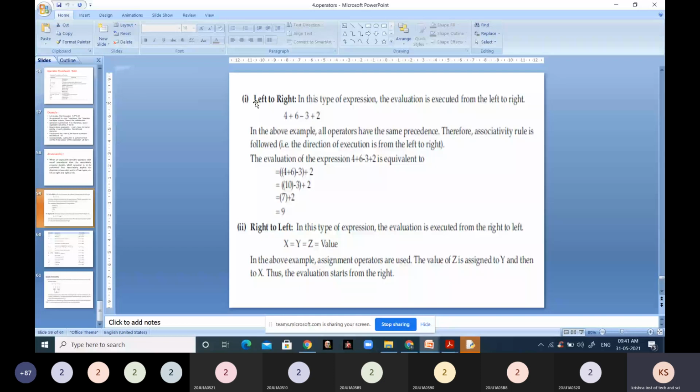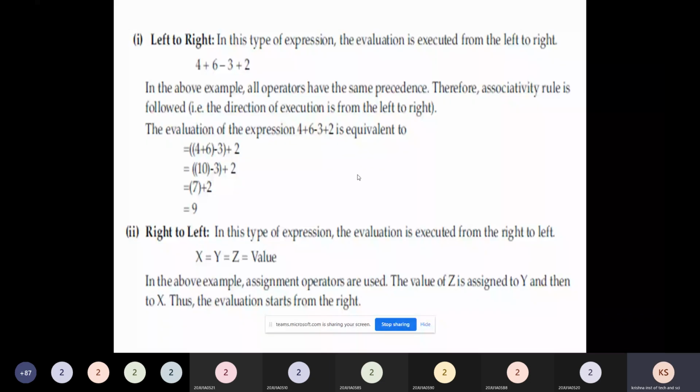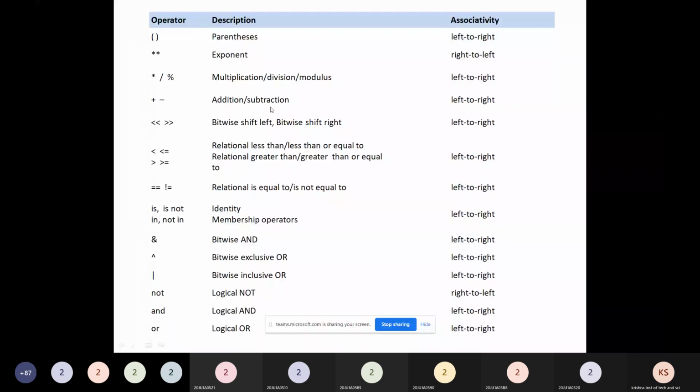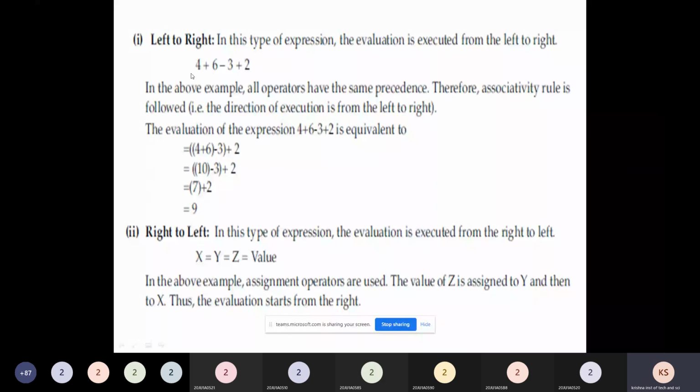Left to right means we start from the left side and move towards the right side. See this example: 4 plus 6 minus 3 plus 2.